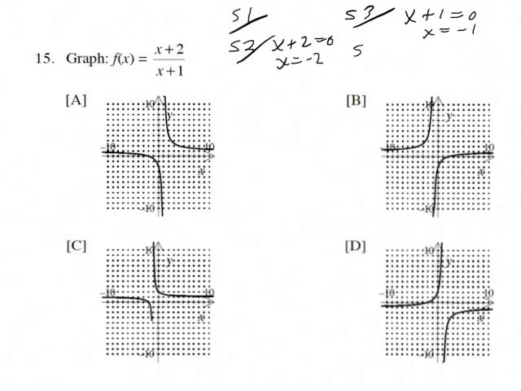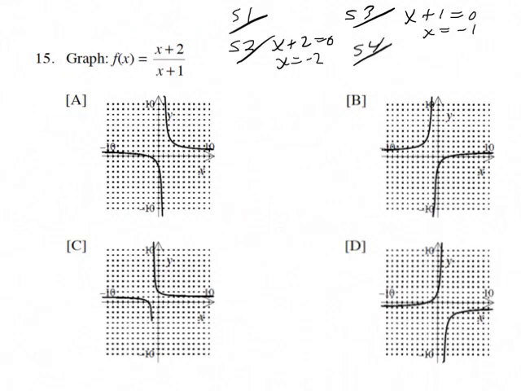So step number 4, our horizontal asymptote. So we had to look at the rules here. Remember, when the degree of p of x is greater than q of x, there is no horizontal asymptote. If p of x is less than q of x, that means my horizontal asymptote is going to be the x-axis, y equals 0.